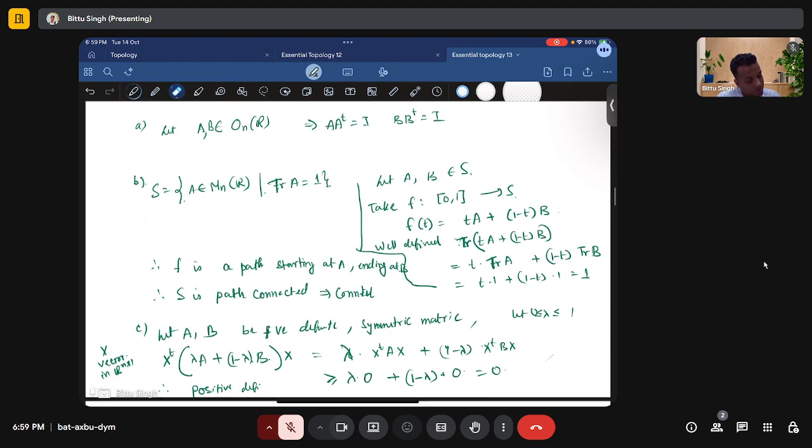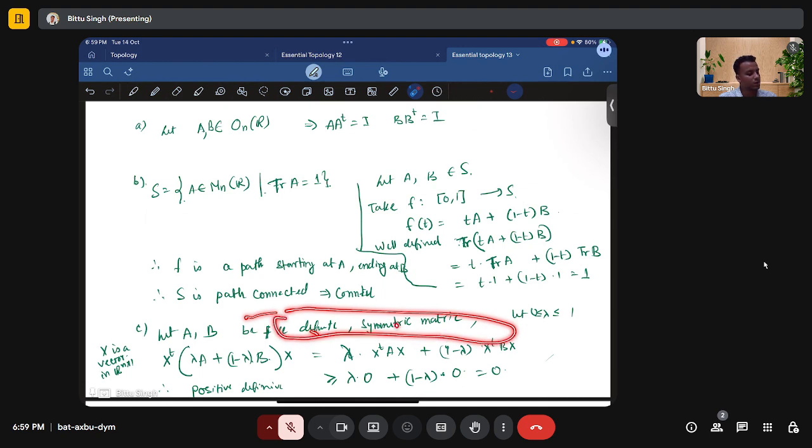So 0 is also there. X is a vector in R^n, positive definite, x transpose Ax is greater than or equal to 0. This is enough. So any convex combination of A, B is positive definite. Therefore, we can again consider this kind of path to say the set of all positive definite symmetric matrices is path connected.